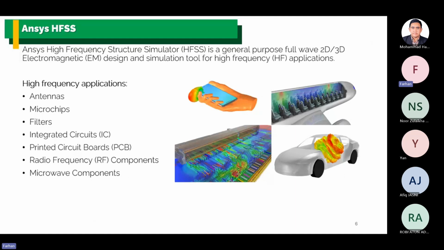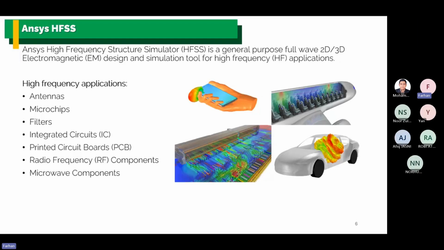What is HFSS? HFSS means High Frequency Structure Simulator. It is a general purpose full wave electromagnetic simulation tool for high frequency applications. Some examples of high frequency applications are antennas, microchips, filters, integrated circuits, PCB, RF components, and microwave components.